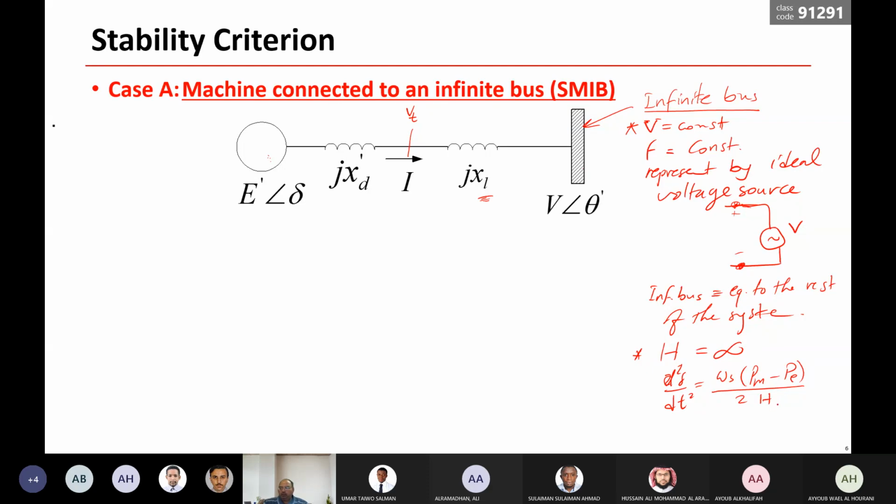If H equals infinity for the infinite bus, then the acceleration equals 0, so the speed is constant, so the frequency is constant. So infinite bus means infinite inertia, and also infinite short circuit capacity.